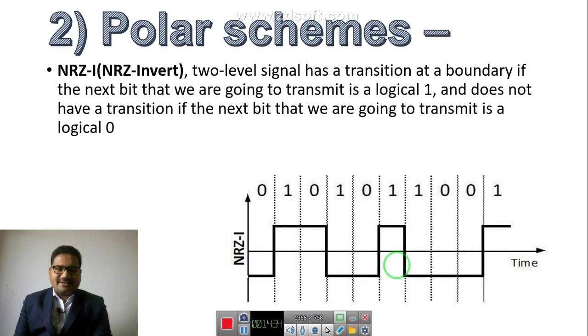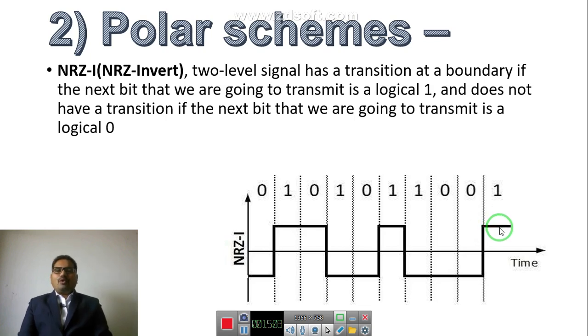Again the next bit is 1, so it makes a transition. Again bit 1, again a transition, but the next bit is 0, so no transition. Again, since the next bit is 0, no transition, but the last bit is 1, so it makes a transition.